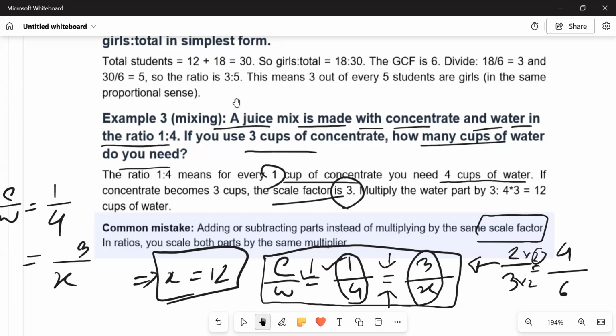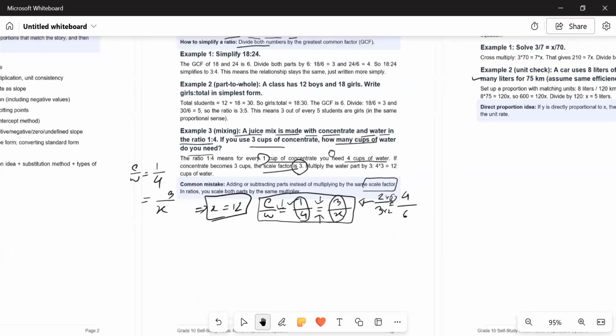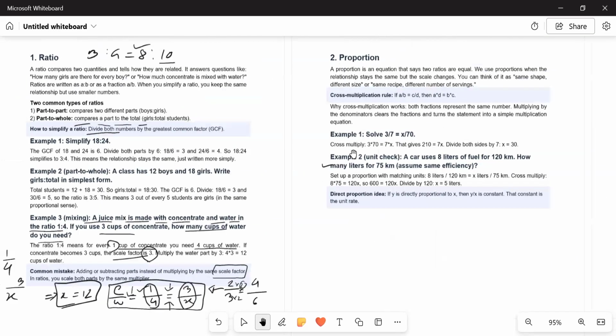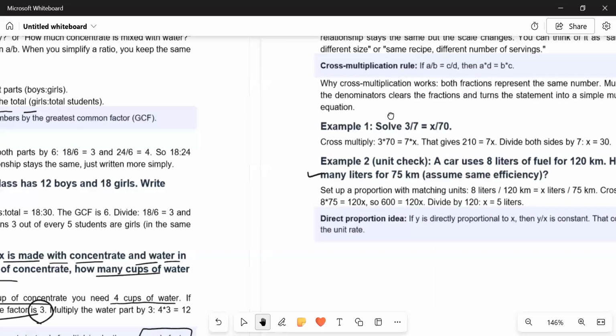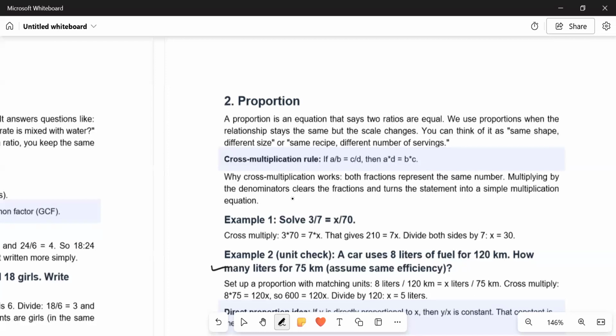Okay, now moving on, I think you have guessed it. We are going to now talk a little bit about proportions. Proportions are nothing but an equation. We have already seen it. That actually says that two ratios are equal.